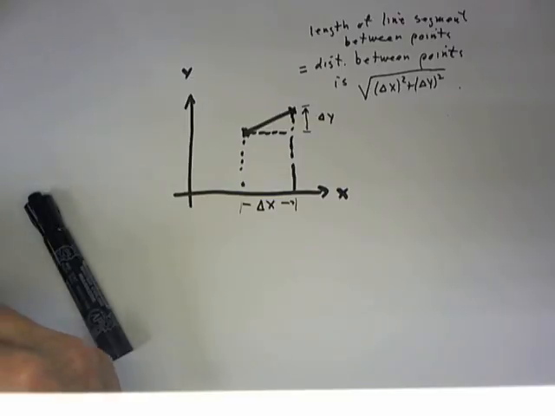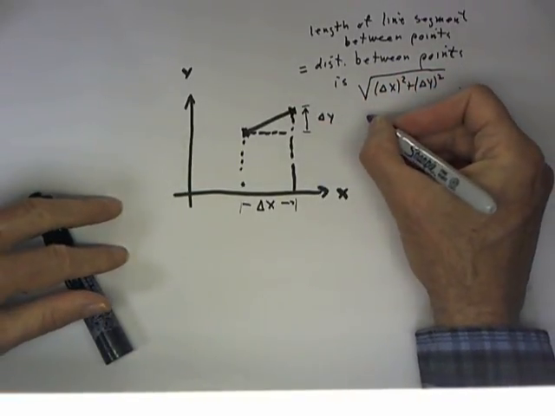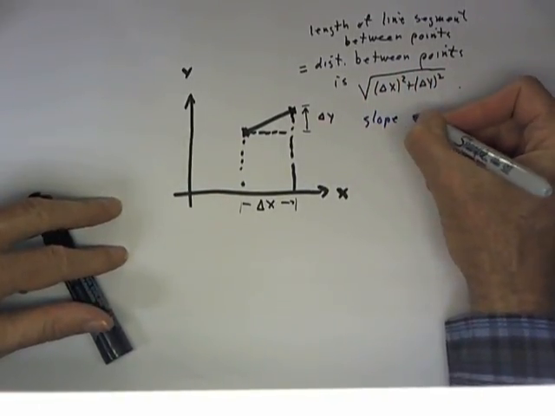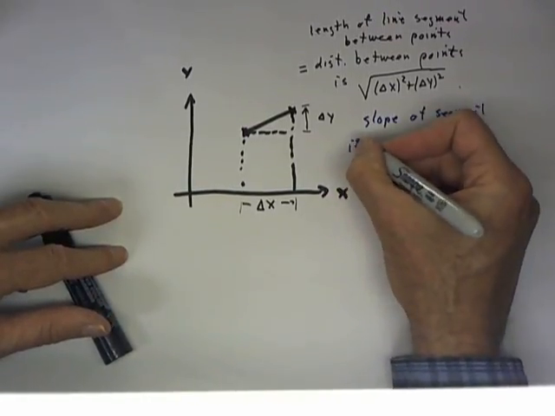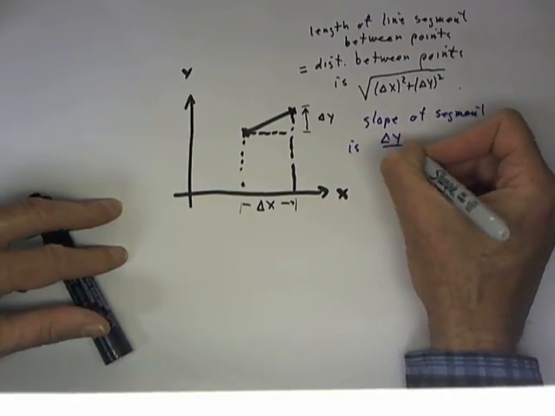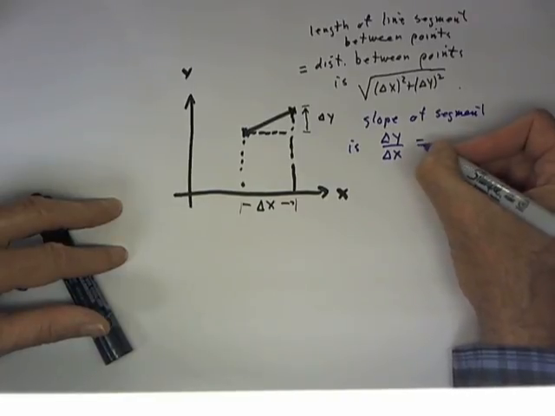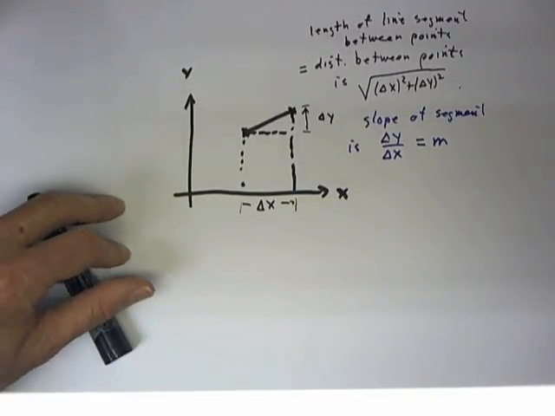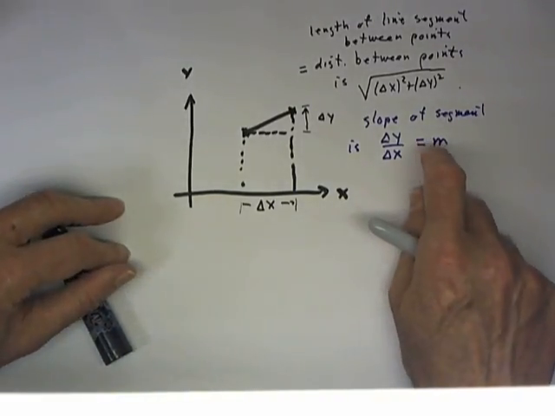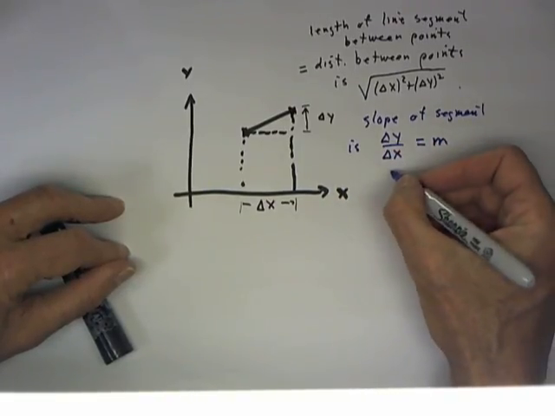Now, if the x and y displacements are delta x and delta y, then the slope of our segment is delta y over delta x, and we could call that, if we wish, m for slope, m being a common letter applied to the slope of a line segment.